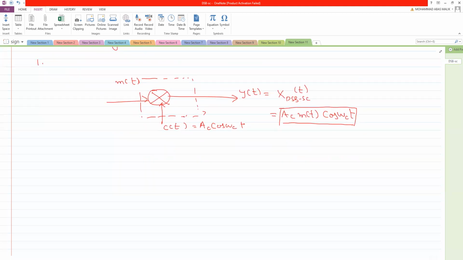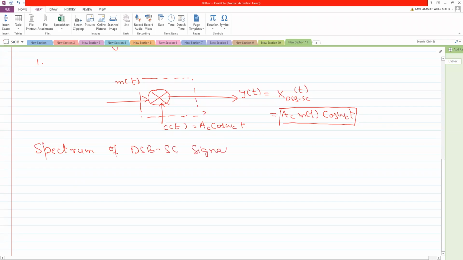Anybody having any query, please tell me. No, sir. Okay, then the spectrum of double sideband suppressed carrier signal. How will its spectrum look, because you already know the spectrum of double sideband full carrier. Now try to visualize the spectrum of double sideband suppressed carrier.